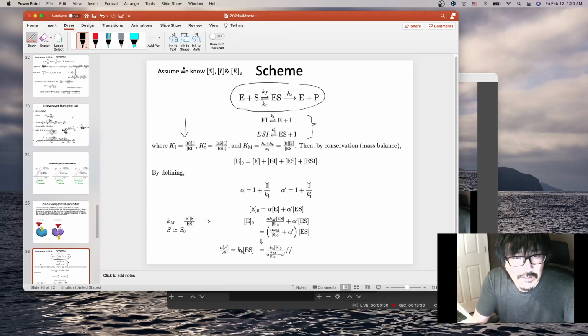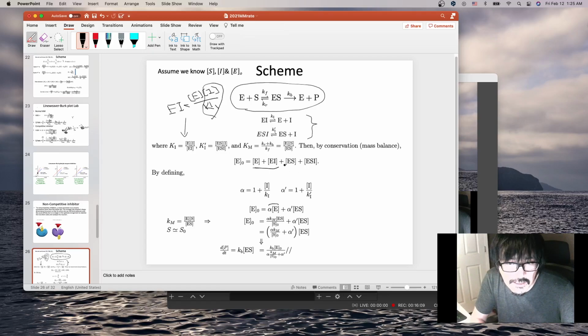So if I solve for EI right here, that's E times I divided by K1, right? Multiply by E, you get EI. So that portion right here represents that one.